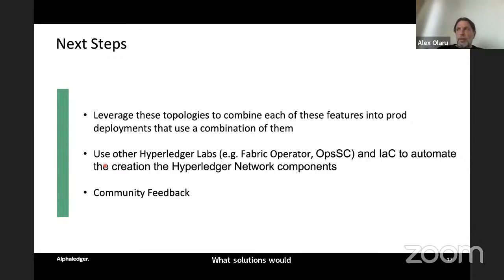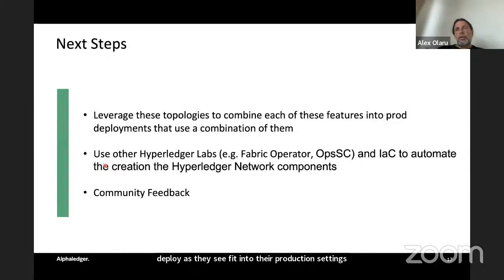In terms of the topologies, let's put it this way: we're not aware of someone using this in production, and it's not really meant to be used directly in production. It's meant to help people understand how these configurations work through working examples, and then from there take those learnings and deploy as they see fit into their production settings.